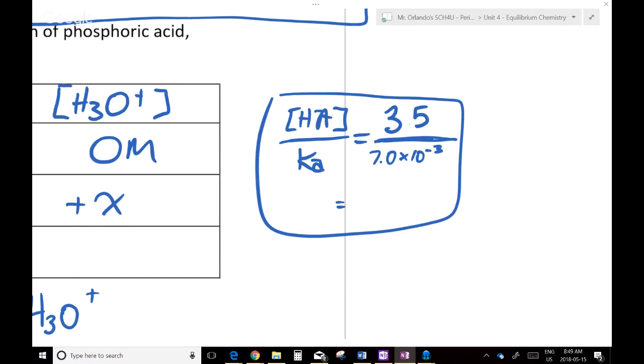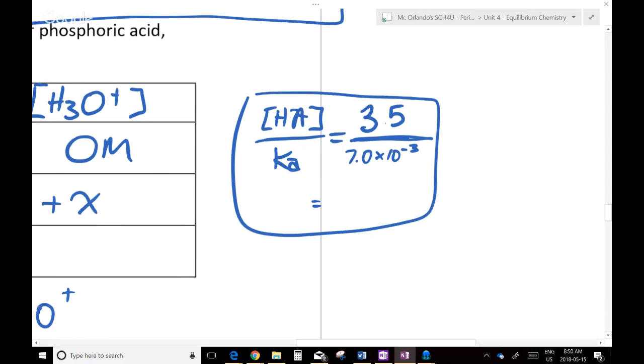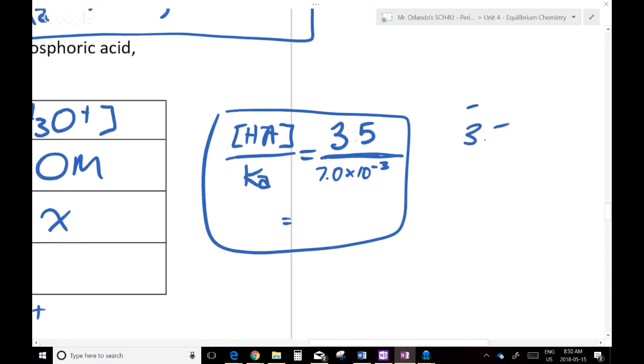What do we get? Maybe I will try to grab the yellow calculators, because scientific notation is miserable on your phones, isn't it? If you can't do scientific notation, of course, you could just write this in standard notation. That would be 3.5 divided by 0.007, right? And what do we get?